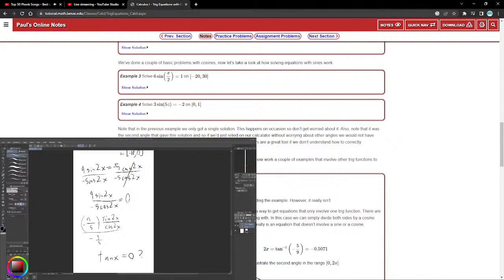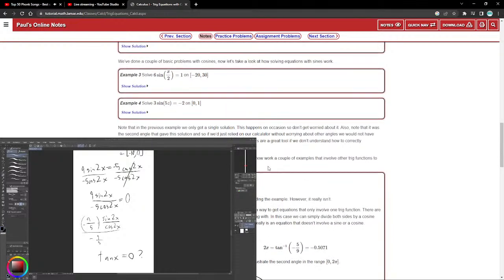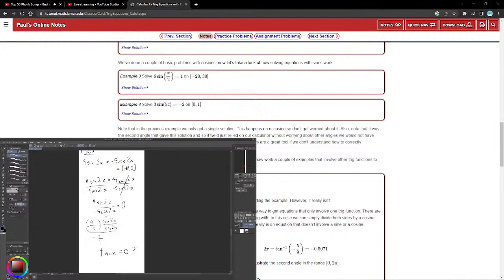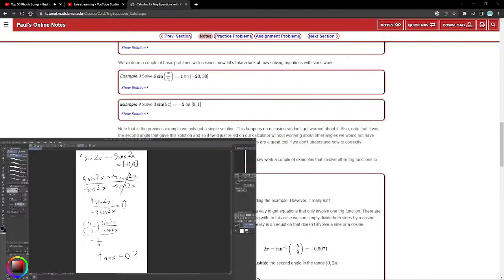There are many ways of doing this that depend on the type of equation we're starting with. In this case, we can simply divide both sides by a cosine, and we'll get a single tangent in the equation. You can now see that this really is an equation that doesn't involve sine or cosine. So let's see. Okay, they didn't really show how they got there, but I'm guessing.